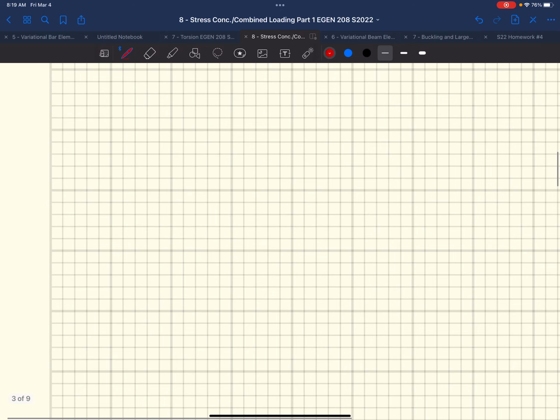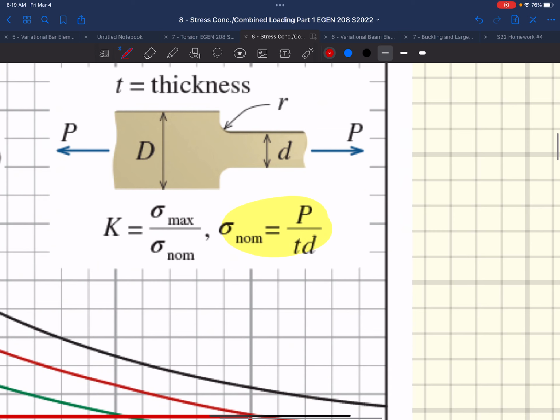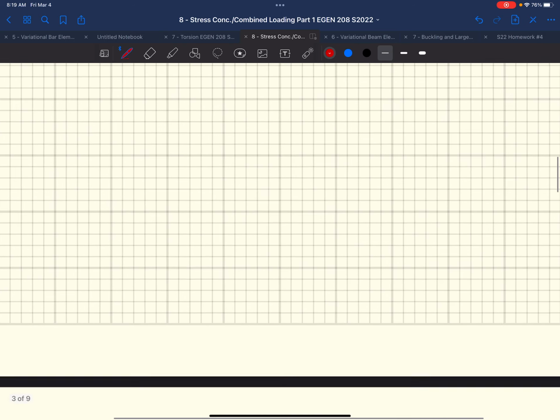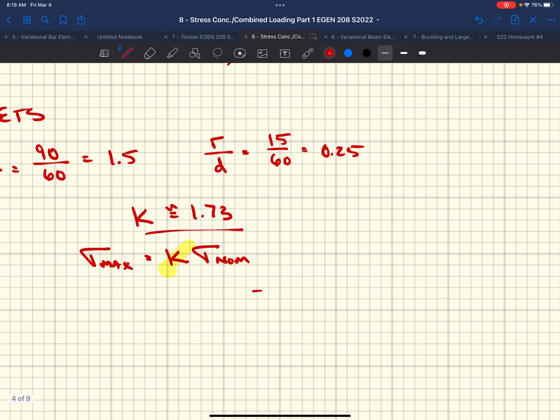If we go back up to our figure, we want to make sure that we're using the right equation. Nominal stress is the load divided by the area of the smallest dimension of our bar, little d, times the thickness, so this is equal to P over dt.